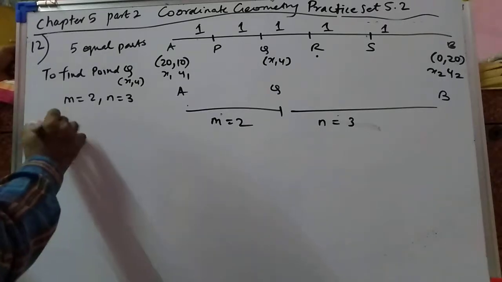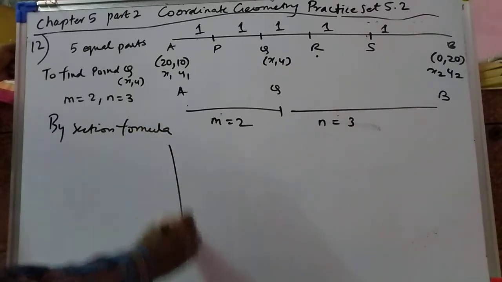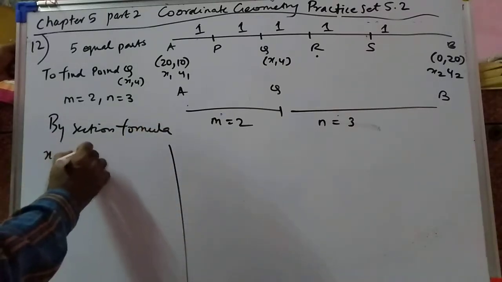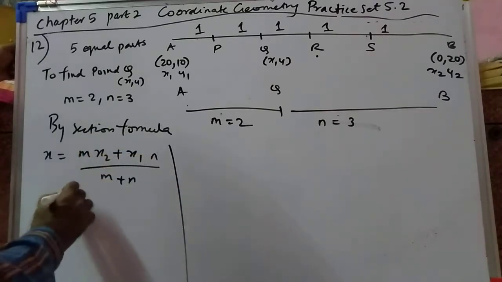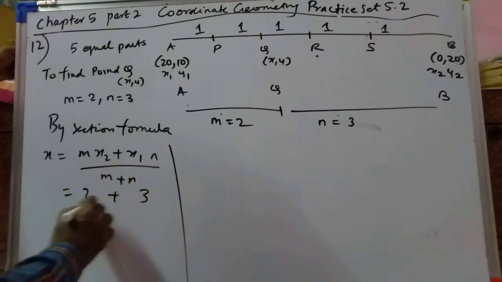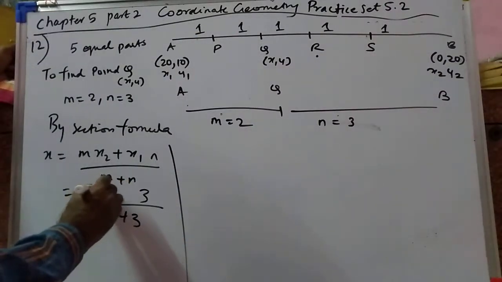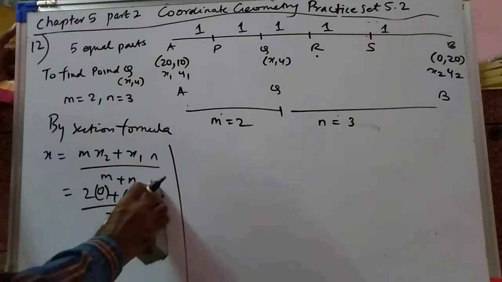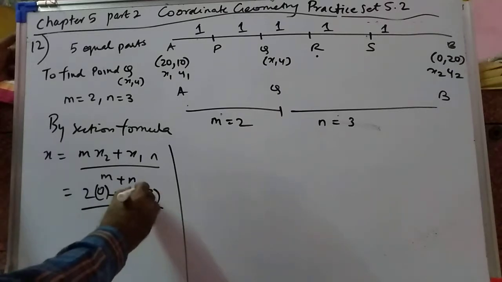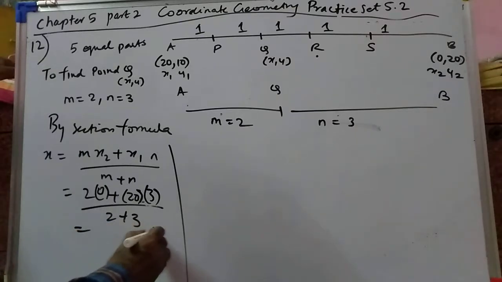Okay, section formula. x is equal to (m x2 plus n x1) upon (m plus n). So m is 2, plus 3, upon 2 plus 3. What is x2? 0, and x1 is 20. So that will become 60 upon 5, so that will become 12.